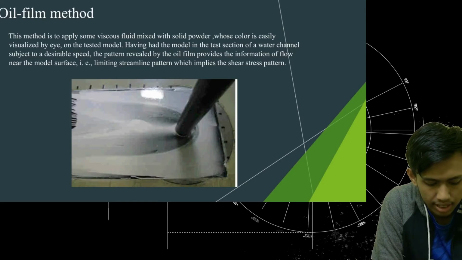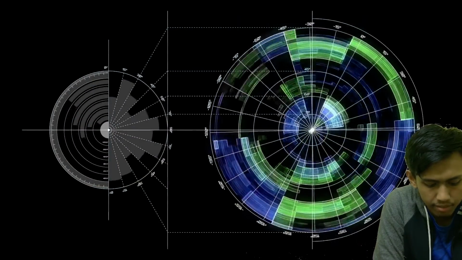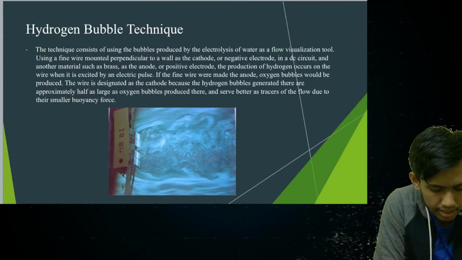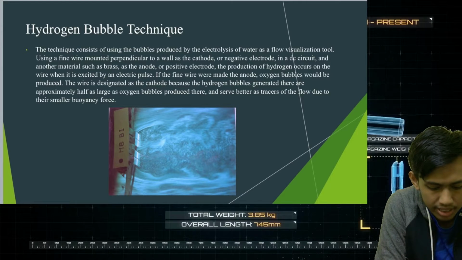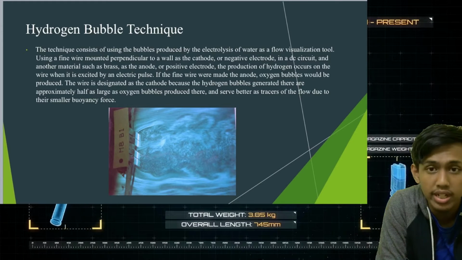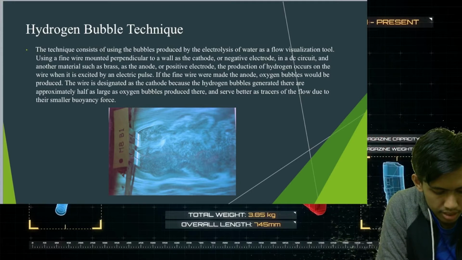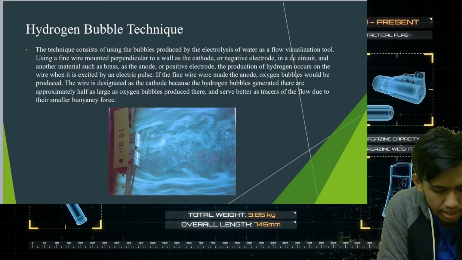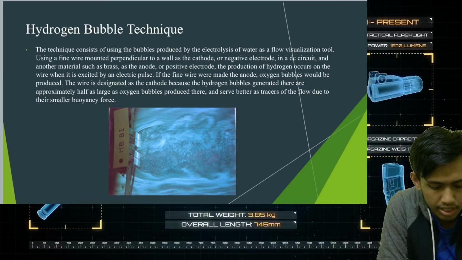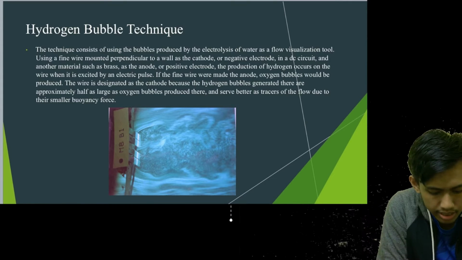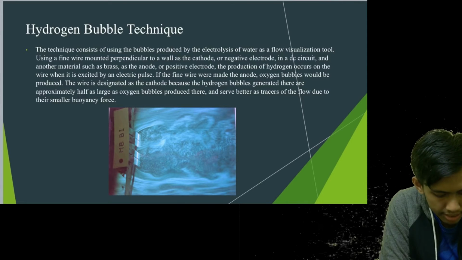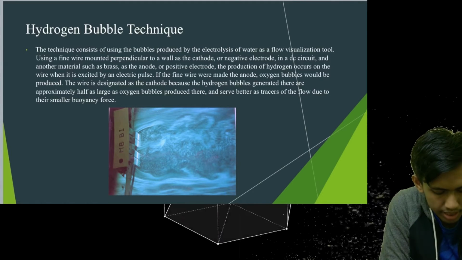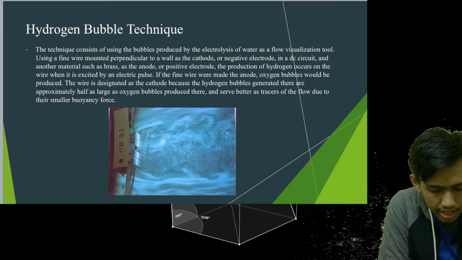Next I will explain the hydrogen bubble technique. The technique consists of using bubbles produced by the electrolysis of water as a flow visualization tool. It uses a fine wire mounted perpendicular to a wall as the cathode, or negative electrode, in a circuit, and another material such as brass as the anode, or positive electrode.